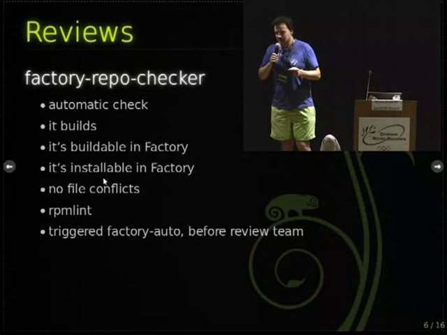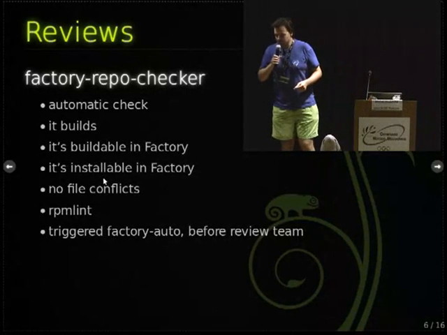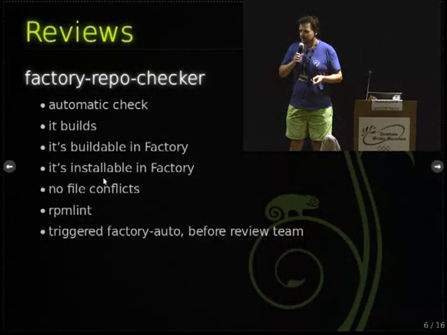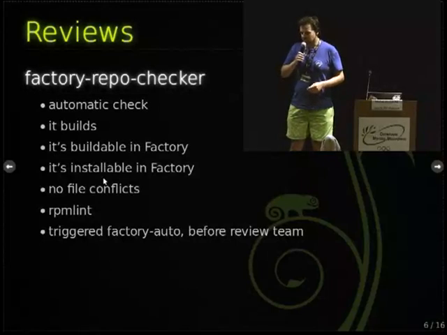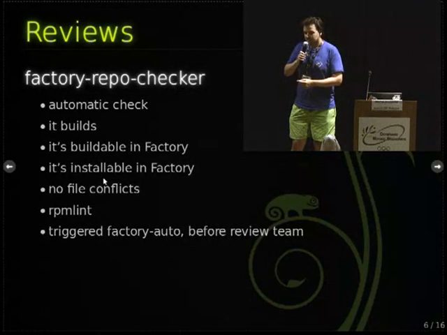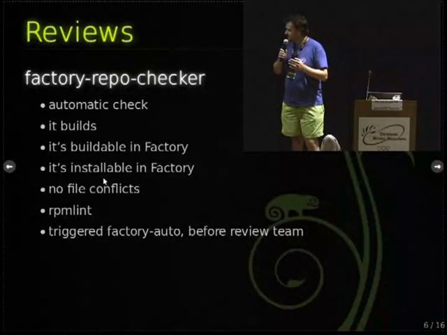You might see some errors in your submissions. I think it was implemented not so long ago, maybe half a year or something. And yeah, we are trying to prevent two packages providing the same files, so things would not break again.